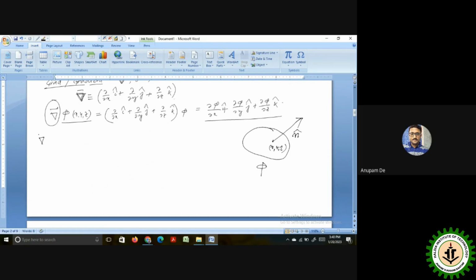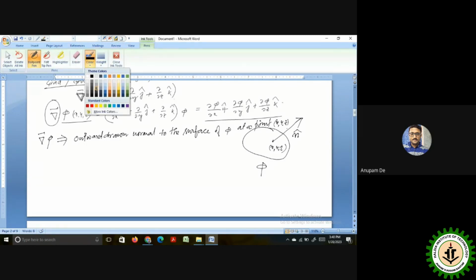So this nabla phi is the outward drawn normal to the surface phi at a point x, y, z.